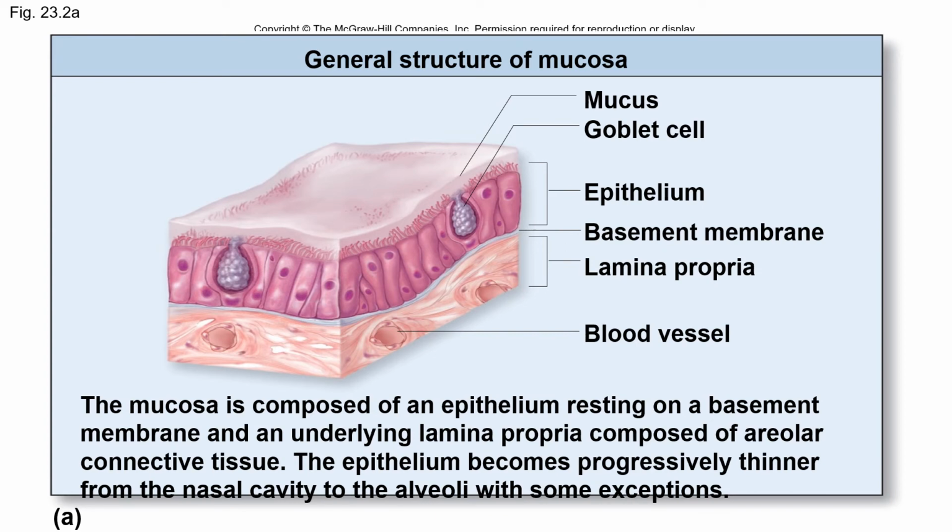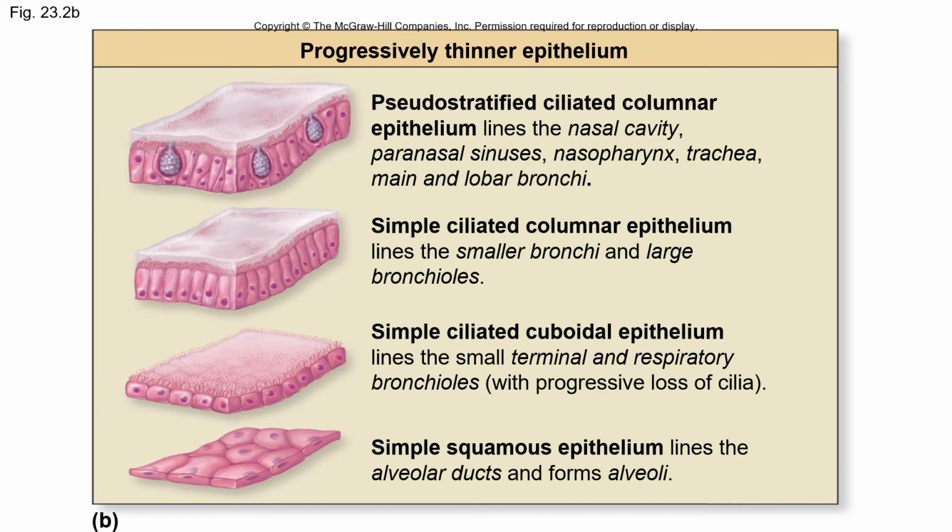As we get deeper into the epithelium, we get progressively thinner and thinner. So in the nasal cavity through the lobar bronchi, we have this pseudostratified columnar epithelium. As we get into smaller bronchi and large bronchioles, we have a simple columnar epithelium.